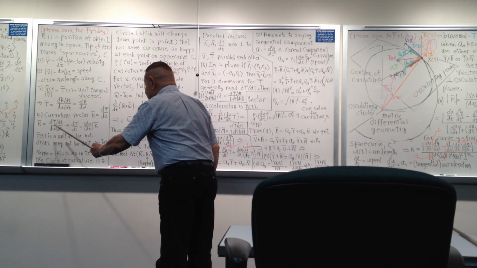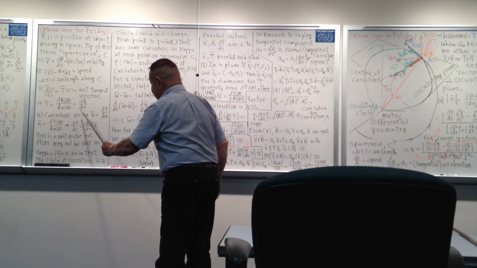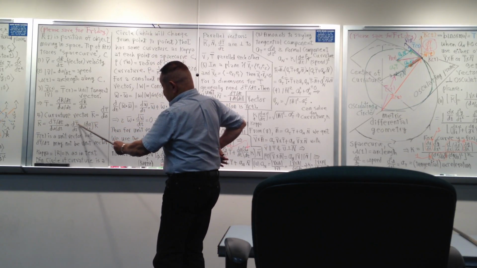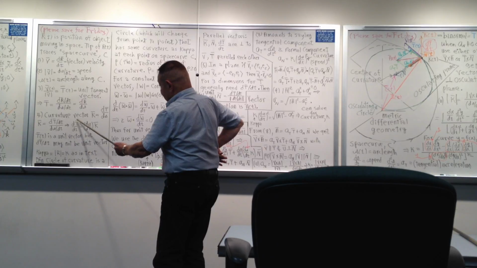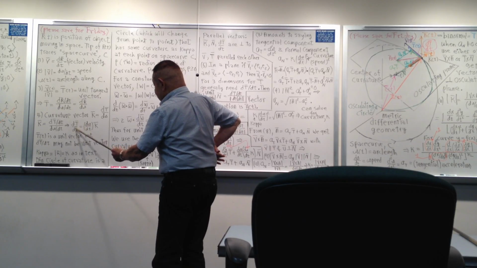So what we have then is a way to get from the tangent vector to a vector that's at right angles to it, that we call the normal. However, it is not necessarily a unit vector.